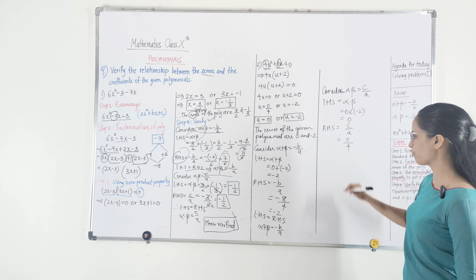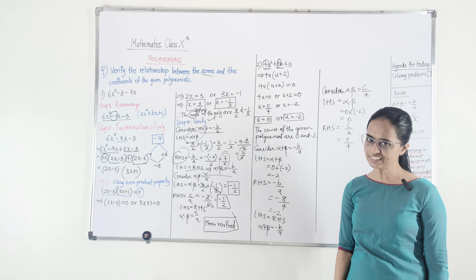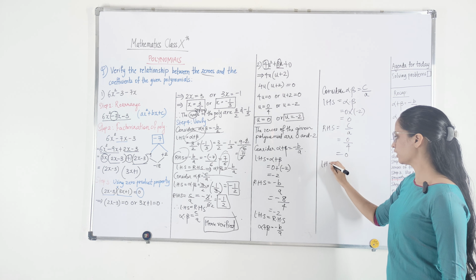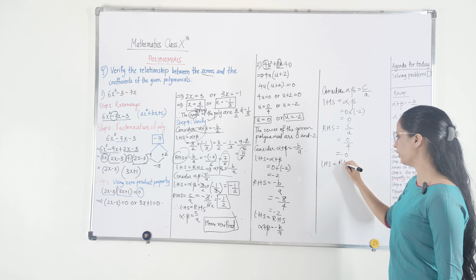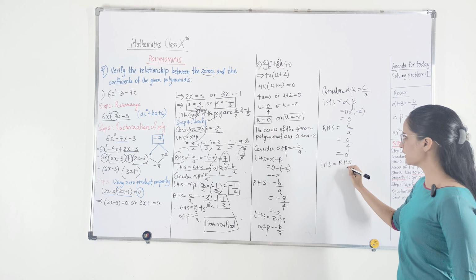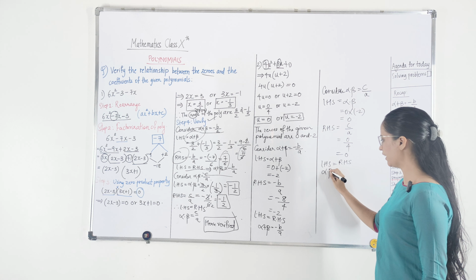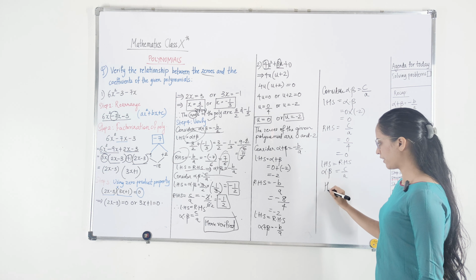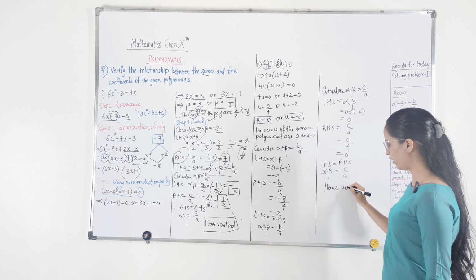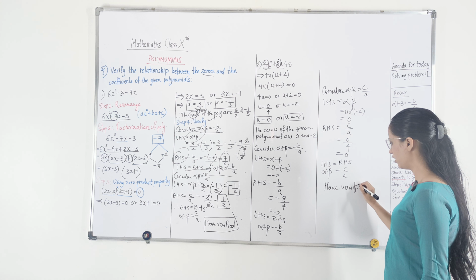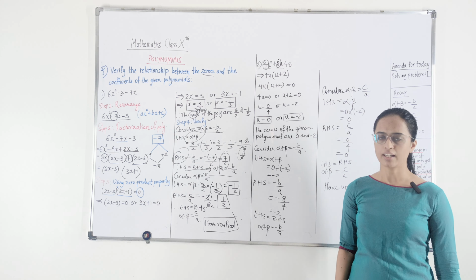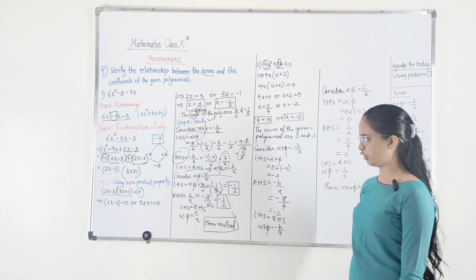Your a in this case is 4 because the coefficient of u square is 4. So the answer is 0. So your LHS again in this case is equal to your RHS. And if your LHS is equal to RHS, it means that alpha into beta is equal to c by a. And that is why you can say that you have verified the relationship between the coefficients and the zeros of the given polynomial.